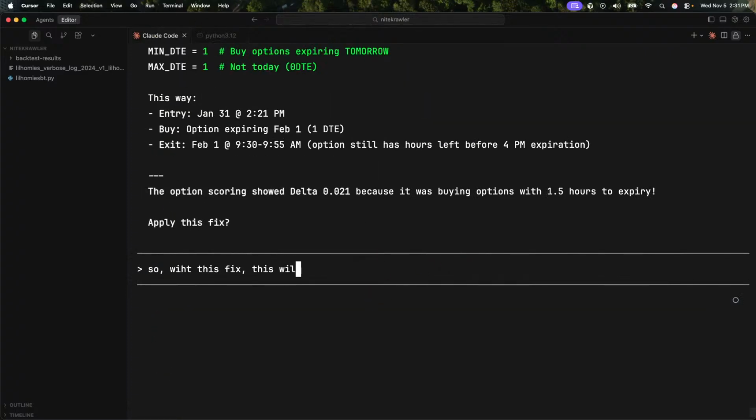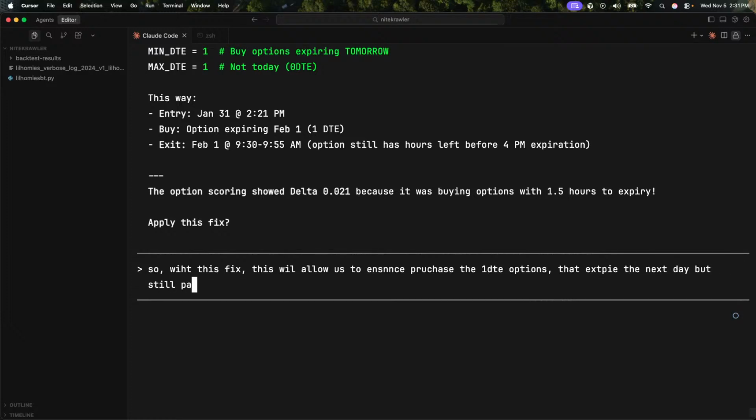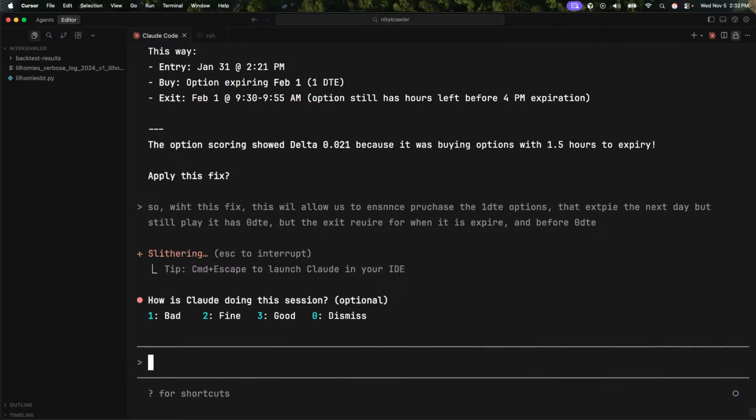With this fix, this will allow us, in essence, to purchase the 1 DTE options that expire the next day, but still play it as 0 DTE because of the exit required for when it does expire and become 0 DTE. I may have found the flaw. This is probably the flaw.